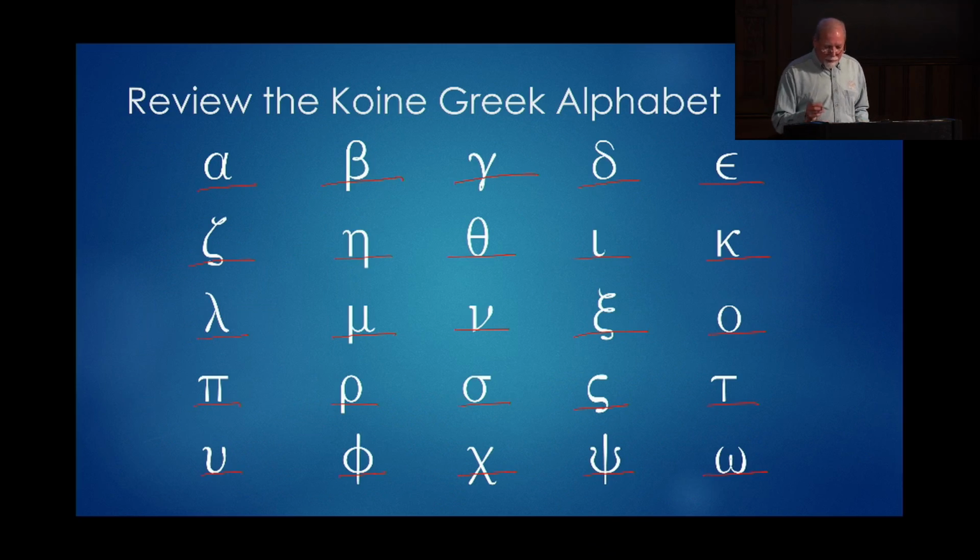Now I tried to show this time when I underlined, I don't always do it, but this time I tried to show you where the descenders are too, by putting the lines in the right places. I'll try to do that.